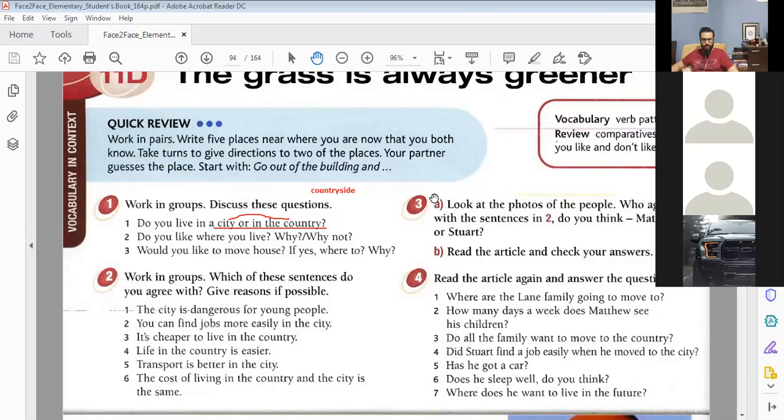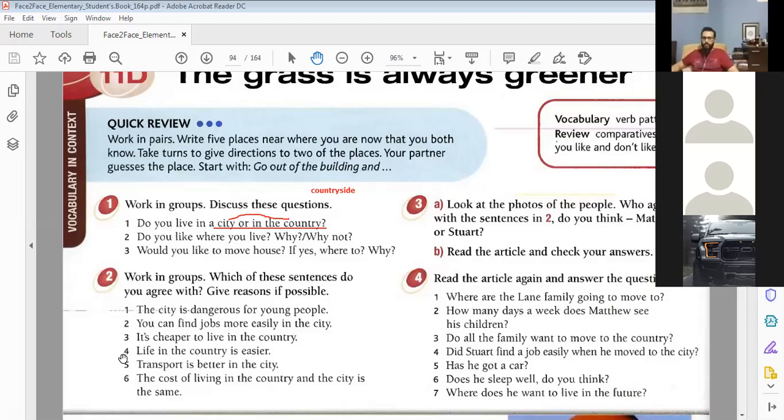What's the reason? Because it's big. Okay, it's big. What else? Okay, no problem. I think that you're right. Yes, I think living in the country maybe is cheaper than living in the city.